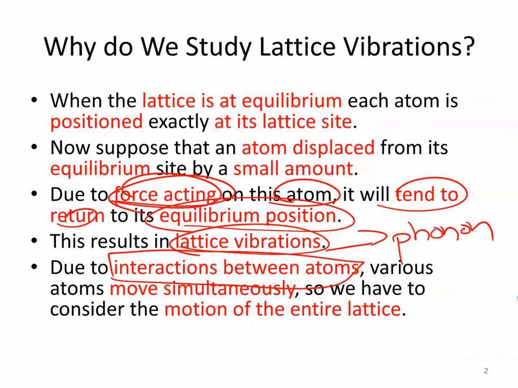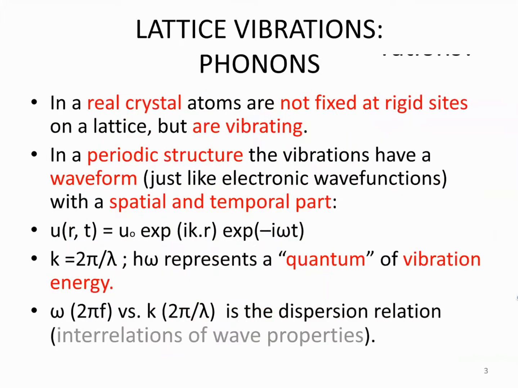So the various atoms can move simultaneously, so we have to consider the motion of the entire lattice. In a real crystal, the atoms are not fixed at rigid sites on the lattice, but are vibrating, except when the temperature equals 0 K. So in a periodic structure, the vibration has a waveform.